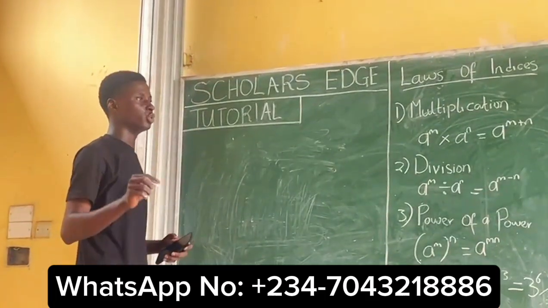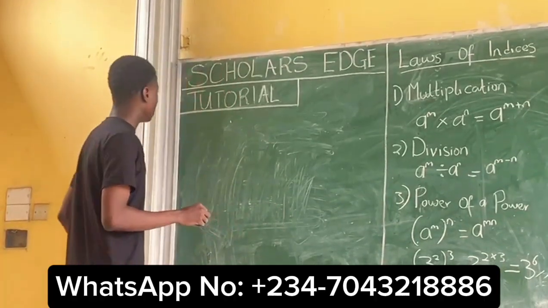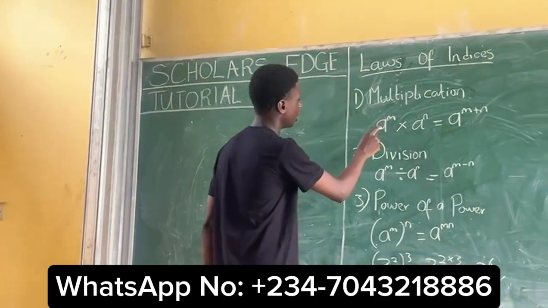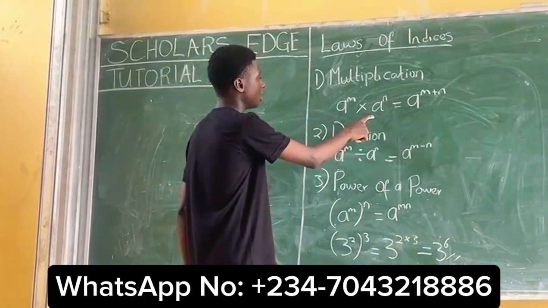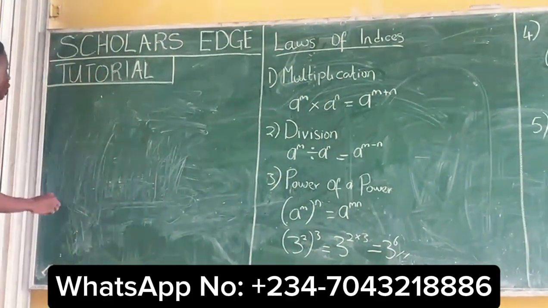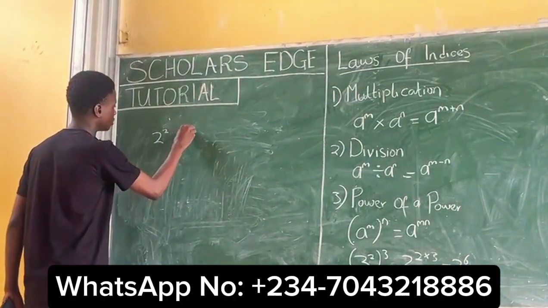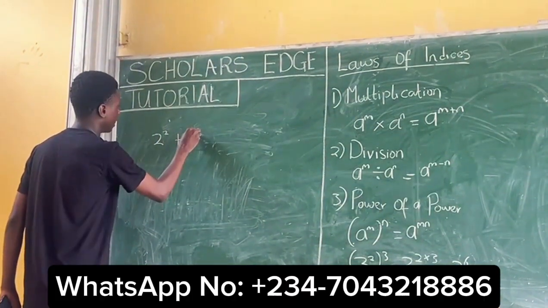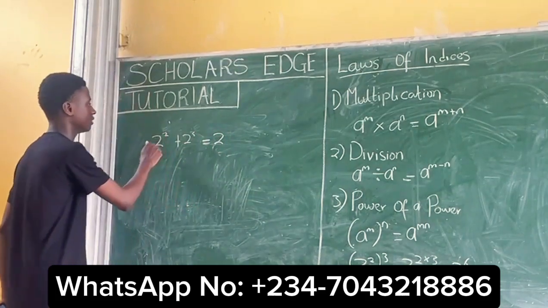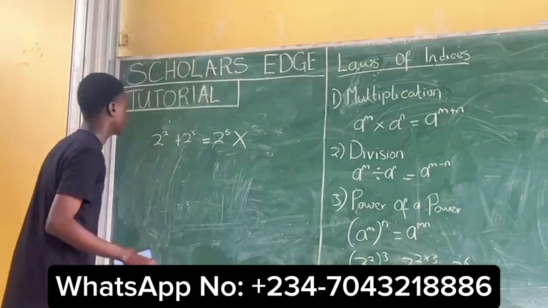Common mistakes we need to avoid. I said if they have the same base, under the multiplication rule, you should add the powers. Most of you will go ahead and do this: 2 to the power of 2 plus 2 to the power of 3, and then you pick the base and add the powers.